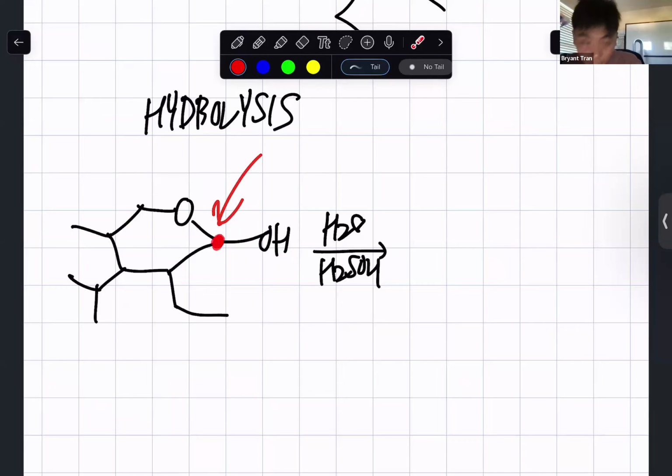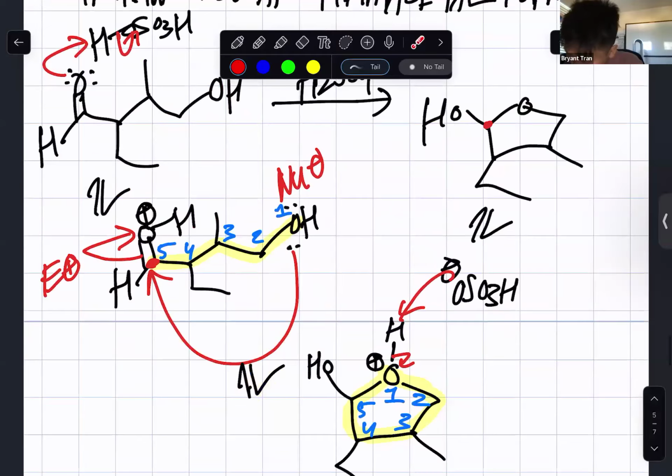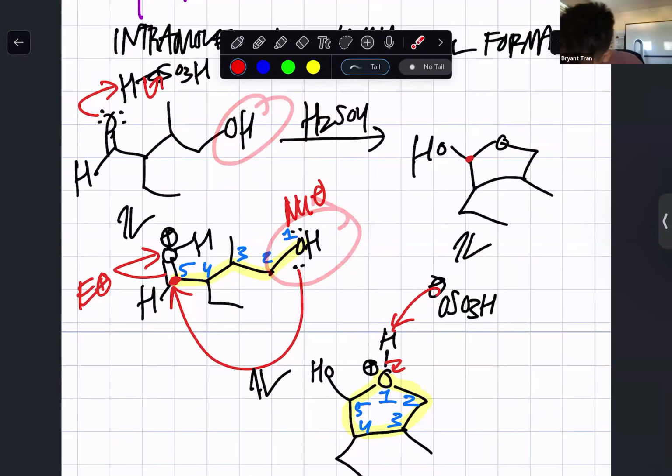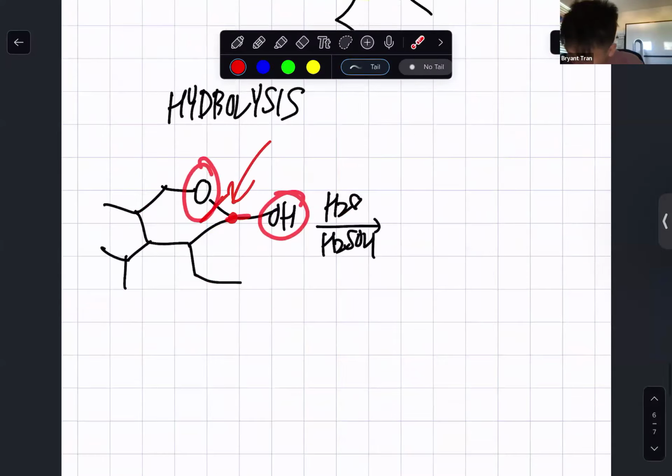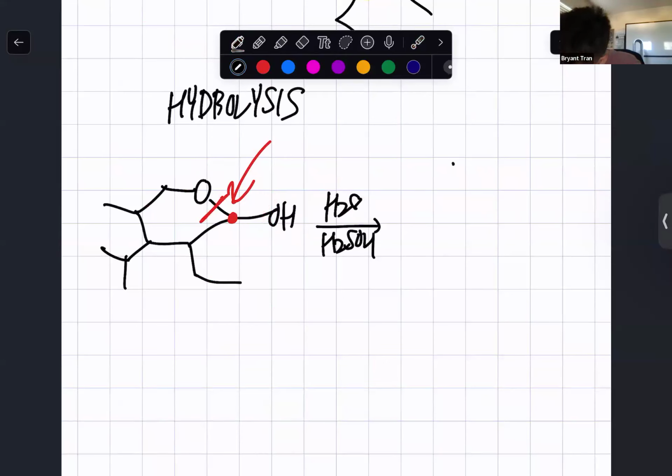That hemiacetal carbon was a carbonyl carbon before. So we could cut that bond right there because we know that this alcohol was a carbonyl here, and this oxygen here was an alcohol before, right? Because if you track the alcohol in the mechanism, that alcohol oxygen is part of the ring. So if we go backwards here, this is what you would get.